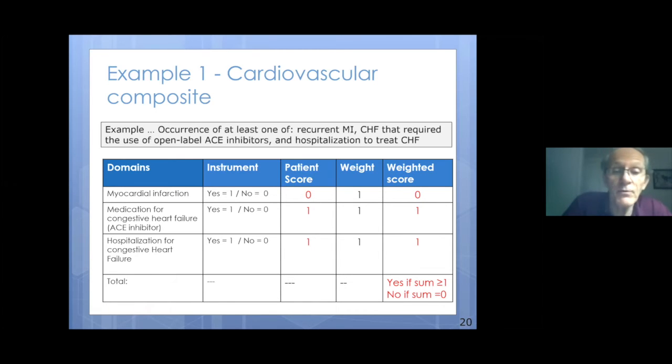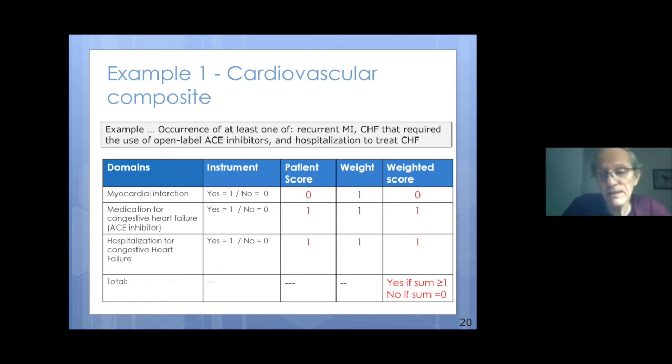The patient example, given in red, indicates that the patient did not have a recurrent MI because of the 0, but did have medications for congestive heart failure and hospitalization, as given by 1. In column 4, an equal weighting system was used, as indicated by weights of 1, and the weighted scores were determined, being 0 or 1. The weighted scores are summed, and if a non-zero sum is found, in this case 2, then the composite outcome is considered to have occurred, as indicated by yes.